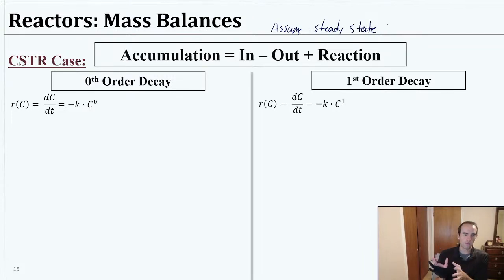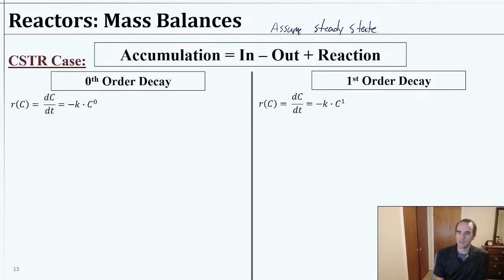Now, we don't have to make that assumption. It's not always going to be true, but it's going to be the typical assumption for the typical CSTR. Maybe something interesting happens to our reactor, our process, and then we have something else happening that we weren't expecting, but this would be the typical situation.